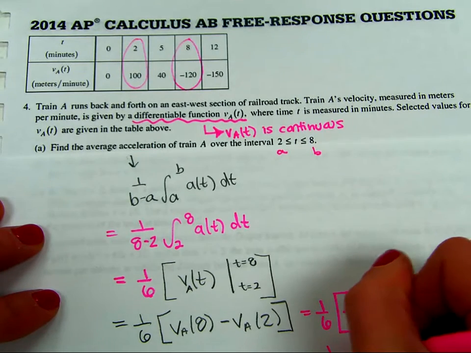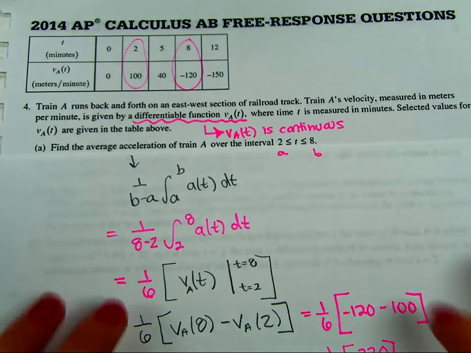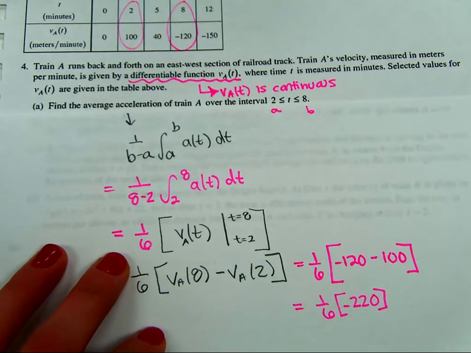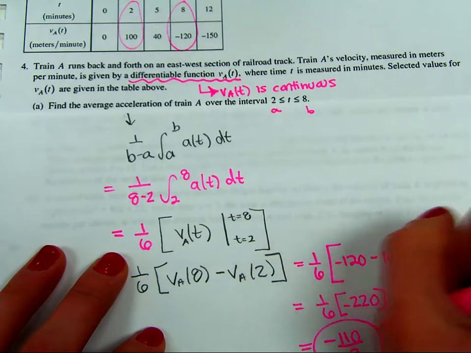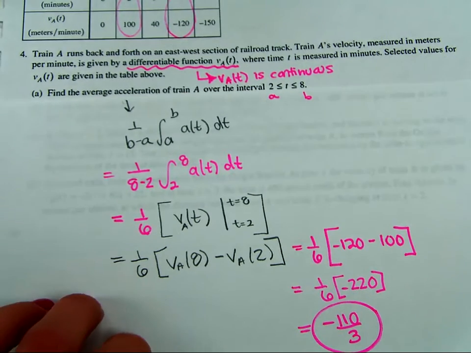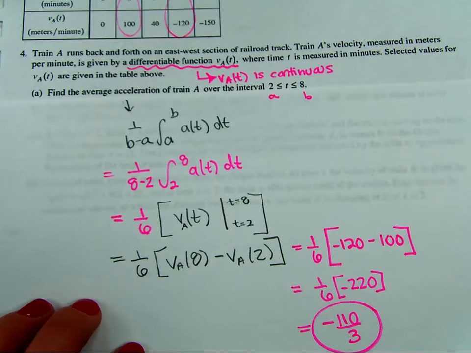We get 1/6 times negative 220. If you simplify that, you could probably call it negative 110 over 3, which would probably be the best answer. They don't ask for units, I don't think, so I would not include them. I would just call that the answer. All it was was that average value formula.